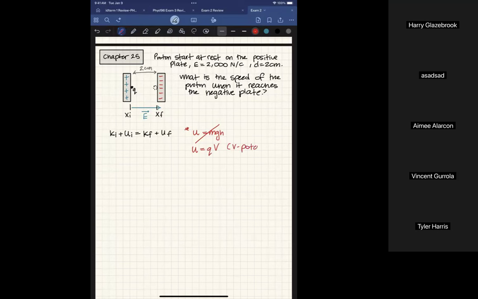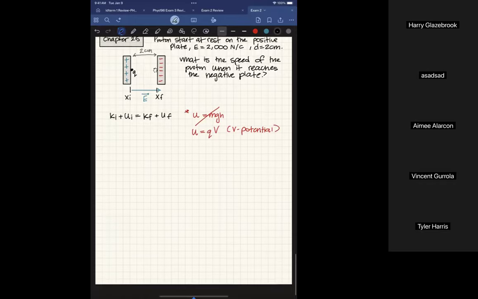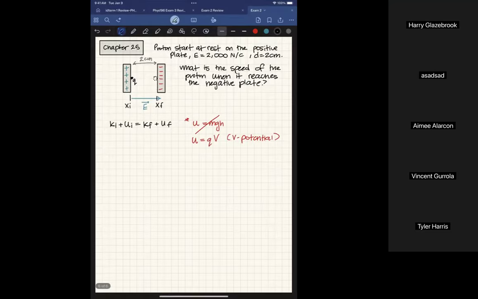I'm going to do this same problem with an electron after so you guys can see the difference between the two. Okay. So the proton starts at rest here at our initial position, so that tells me that the initial kinetic energy is 0.